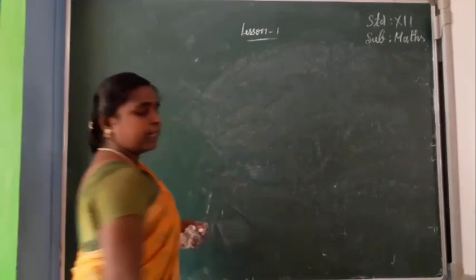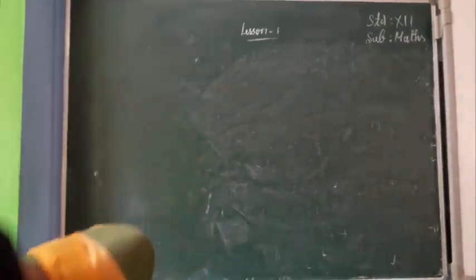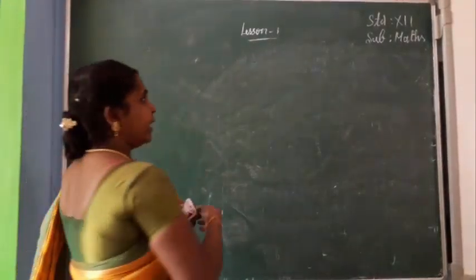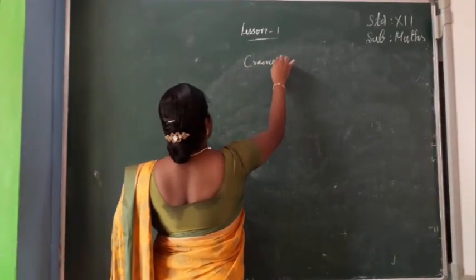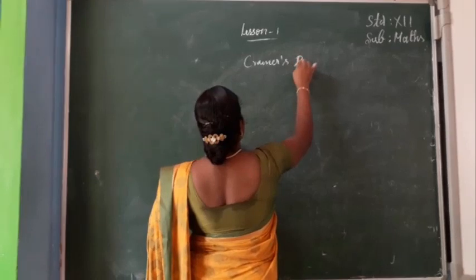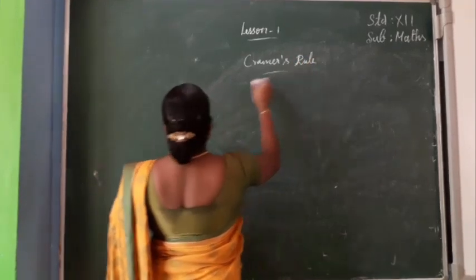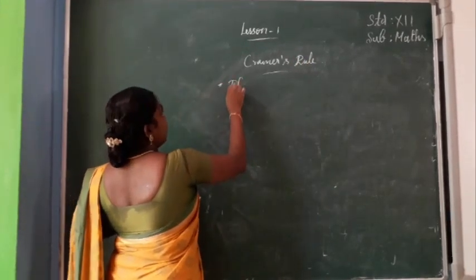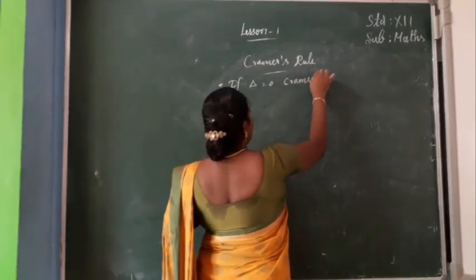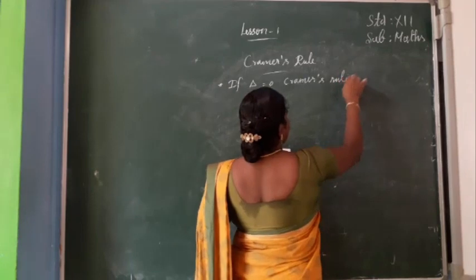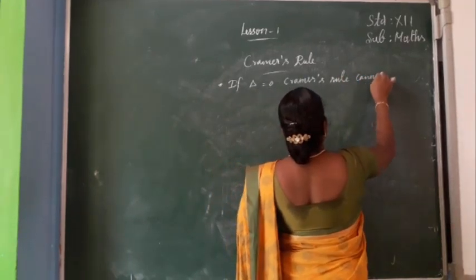Okay, inversion method completed. Next we are going to see Cramer's rule method. So Cramer's rule. First, if delta equal to 0, Cramer's rule cannot be applied.